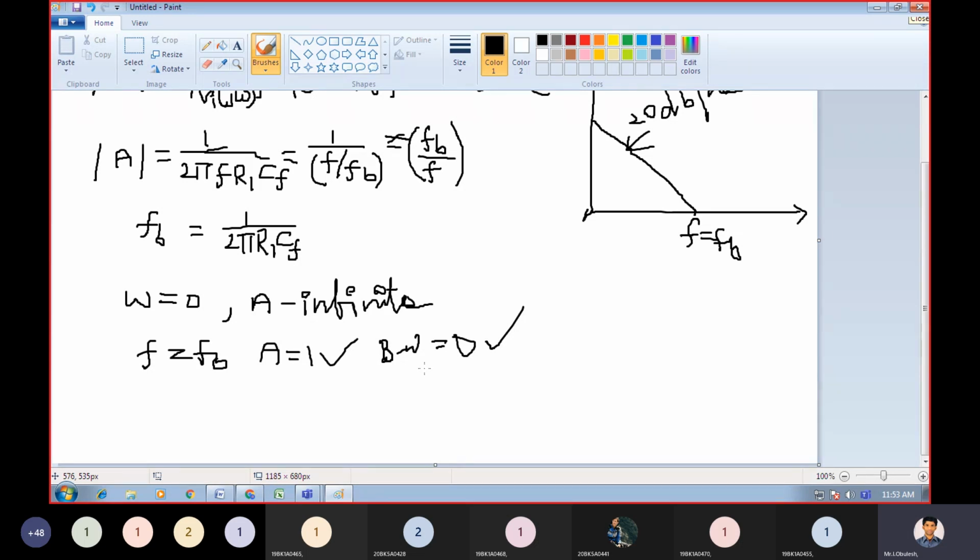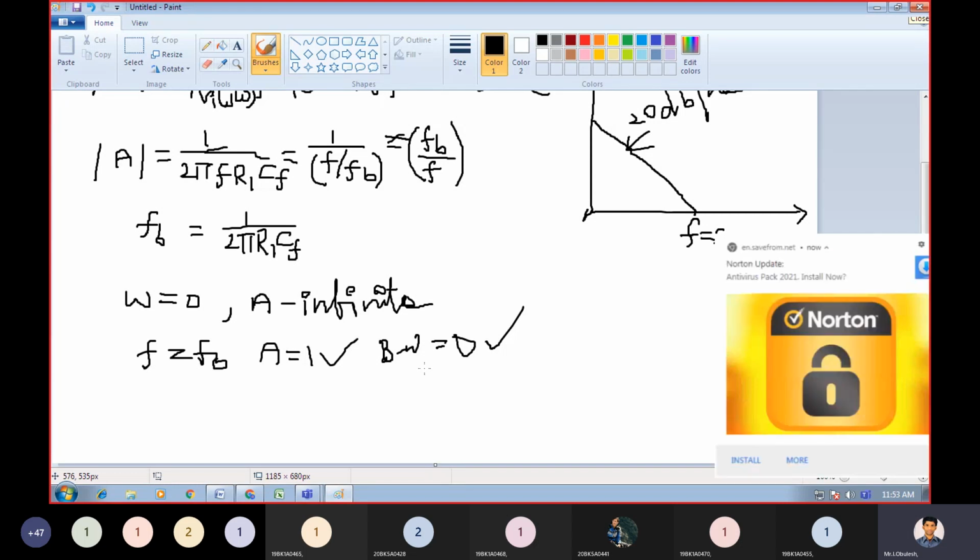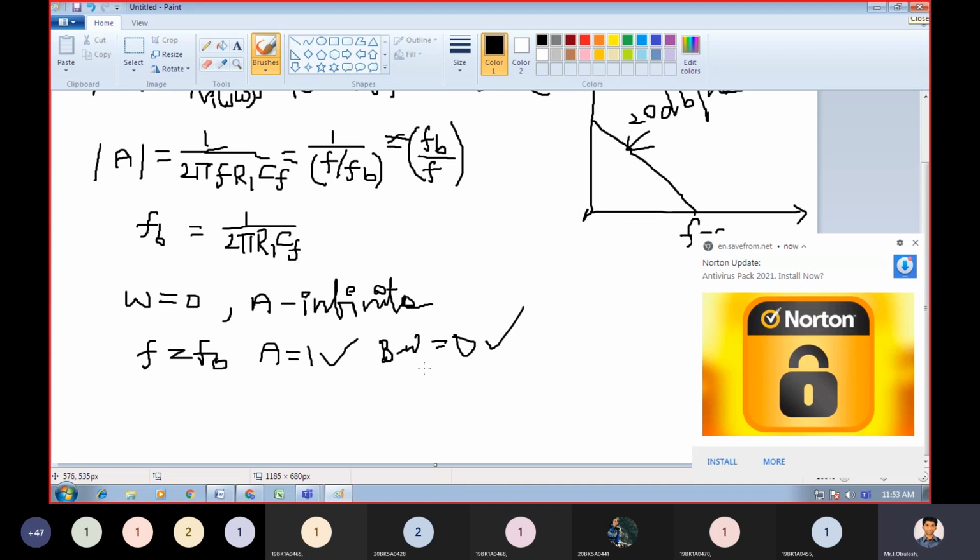So the op-amp operates in open loop, resulting in infinite gain.